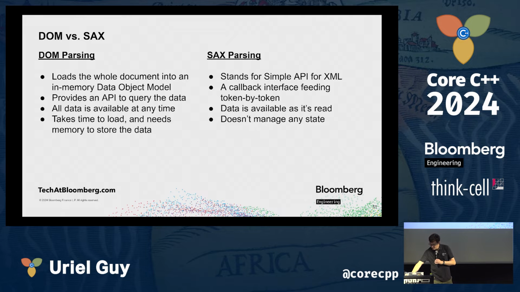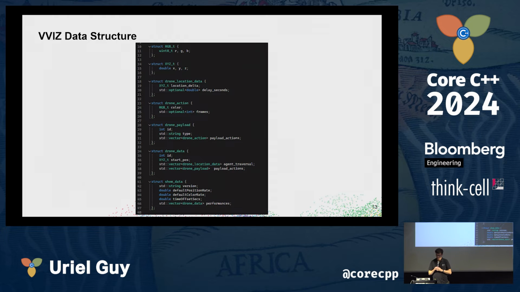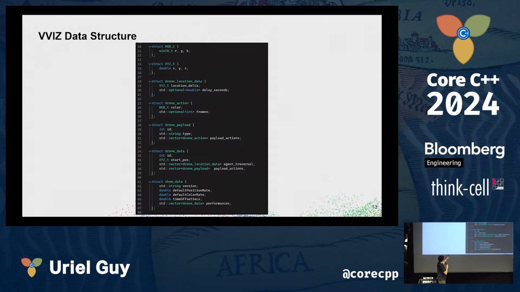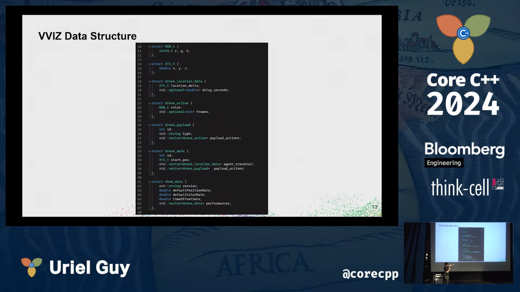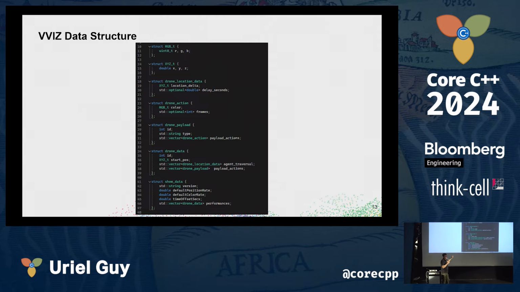All right. So let's look at the end result of what a parser looks like. Here we have essentially a bunch of structs for a drone show. Start at the bottom because it's C++. There's some metadata. There's a vector of drone data. The names are mostly derived from their standard, which is why it's not always that good.